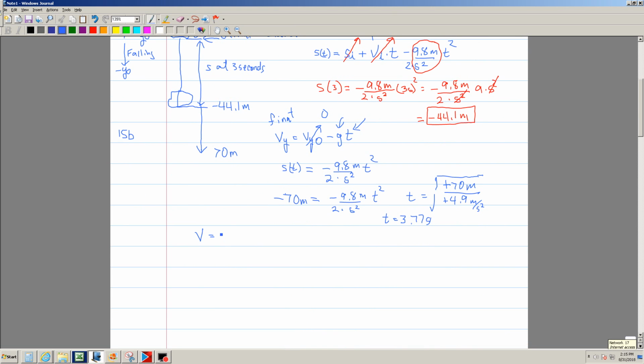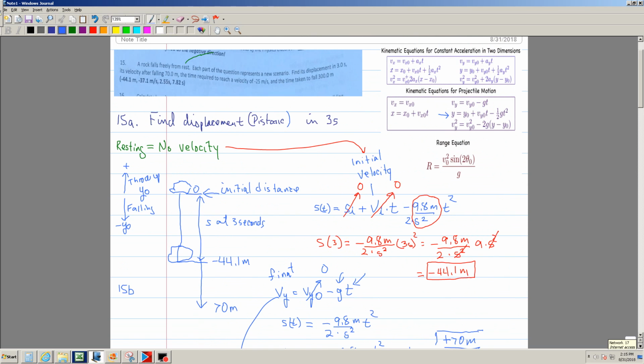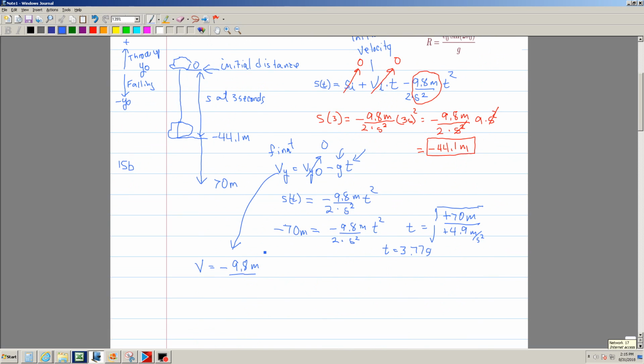So we go to this equation, and it's going to be 9.8 meters per second squared times 3.779 seconds.